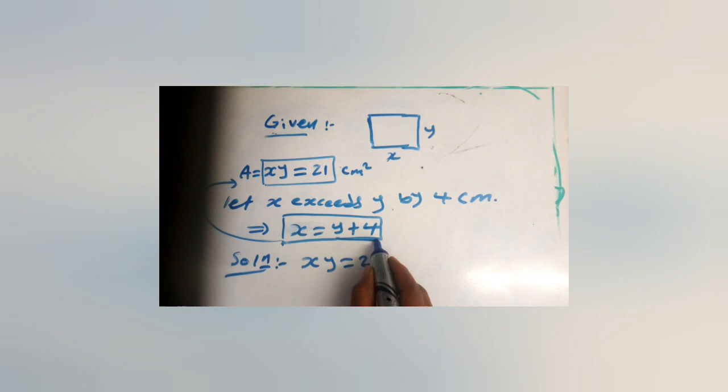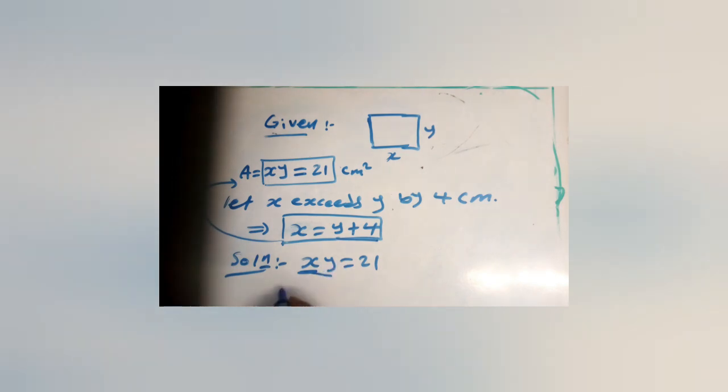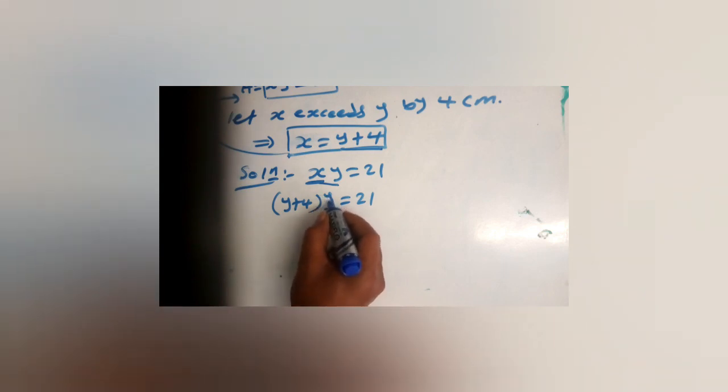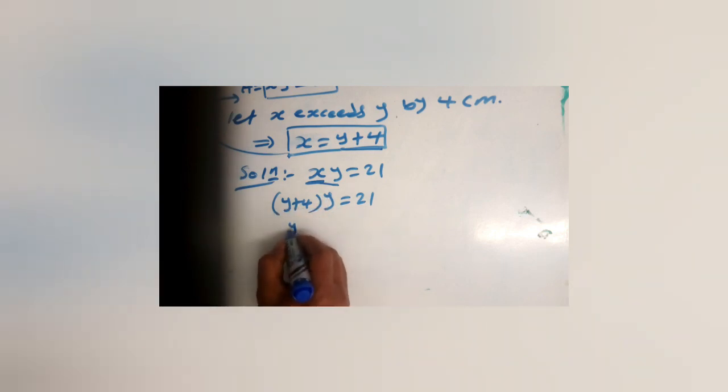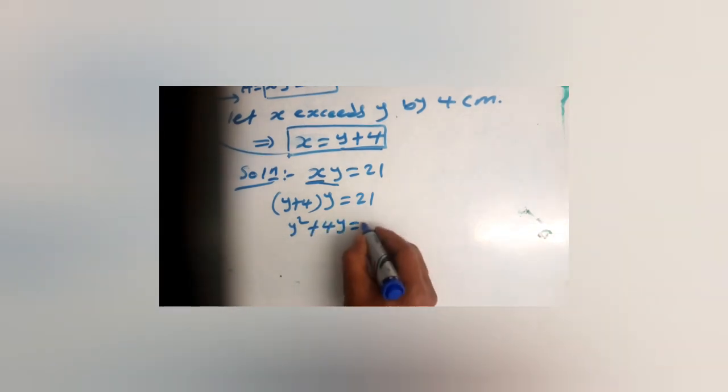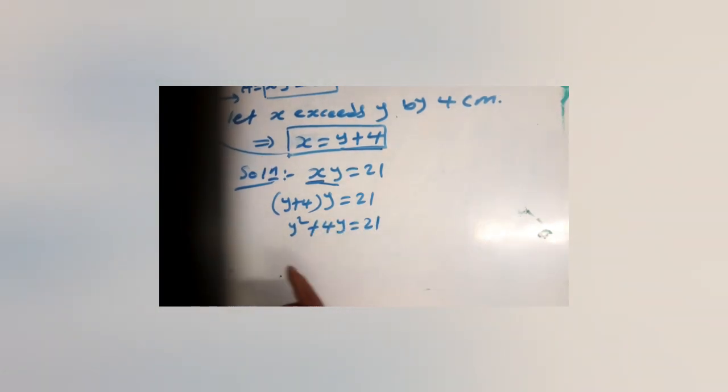Now substitute y plus 4 into this equation: (y plus 4) times y is equal to 21. Multiplying this out we get y square plus 4y equal to 21.